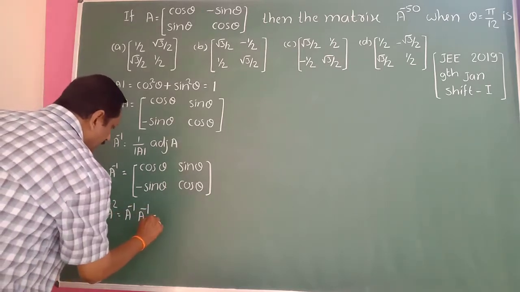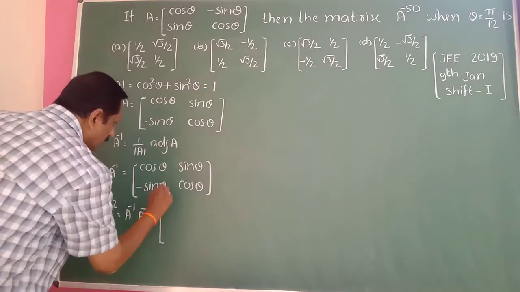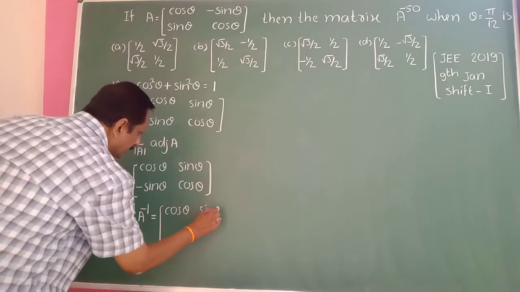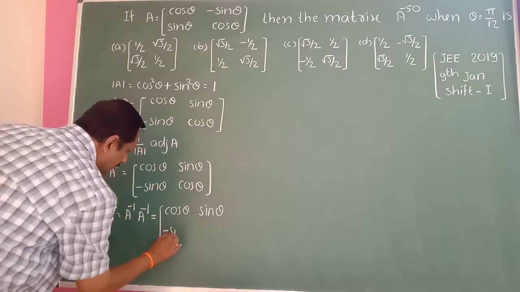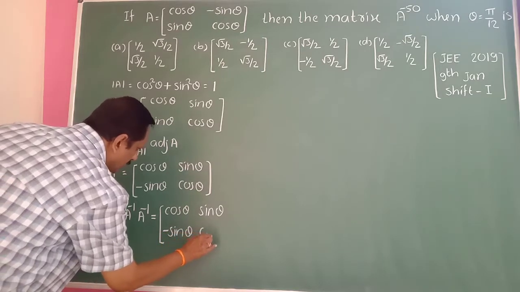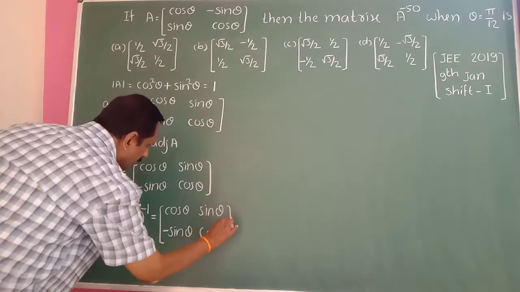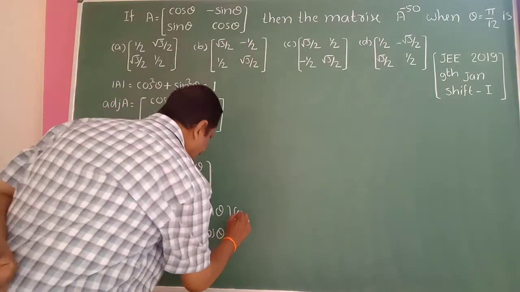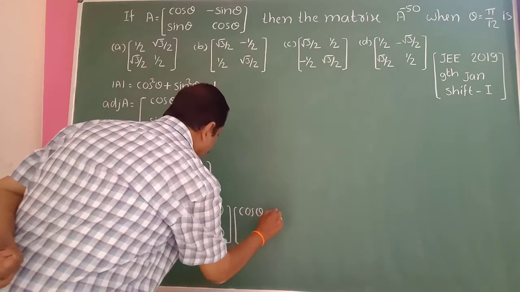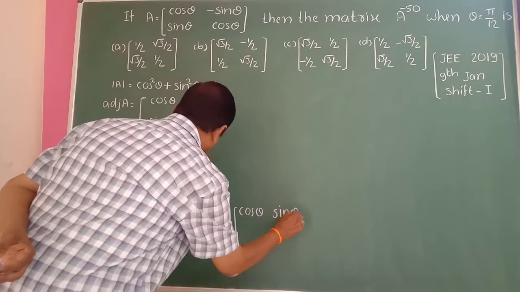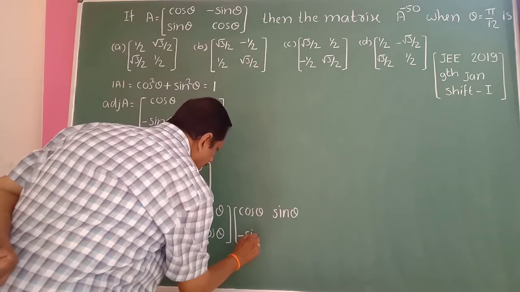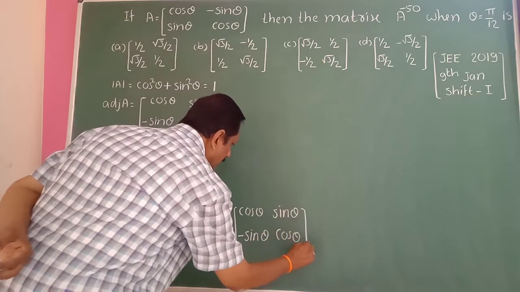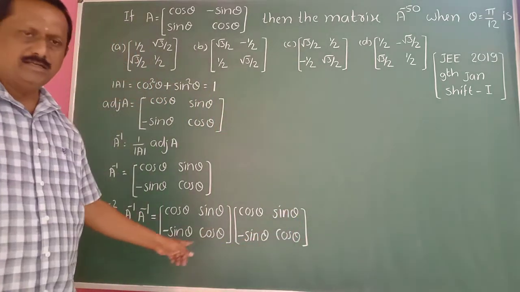Therefore this is equal to [[cos theta, sin theta], [-sin theta, cos theta]] into the same matrix, [[cos theta, sin theta], [-sin theta, cos of theta]]. Okay, multiply these two matrices.